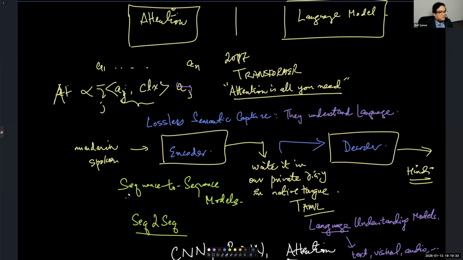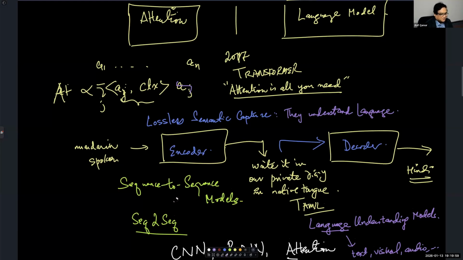We talked about the concept of a language model, sequence to sequence models. A language model is the modeling of the input text, and more broadly, the neural network that's capable of doing it. A neural network that's capable of capturing or understanding language in simple terms, or more specifically, doing as lossless semantic capture as possible of the text.